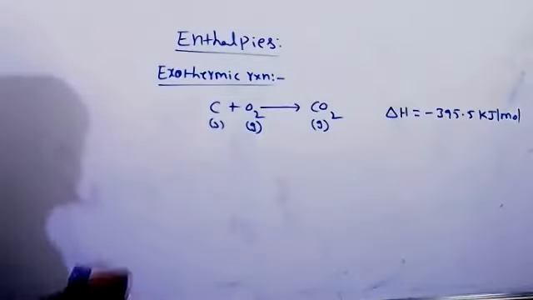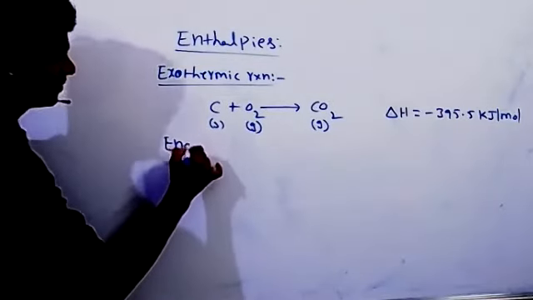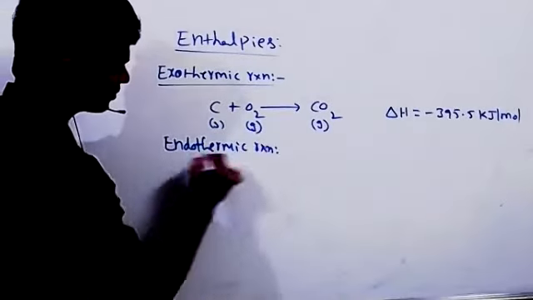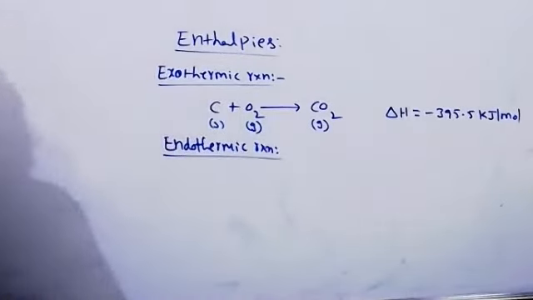Okay, if you see some endothermic reaction, during the chemical reaction heat is absorbed by the system. So here the delta H value we are writing with a plus symbol.